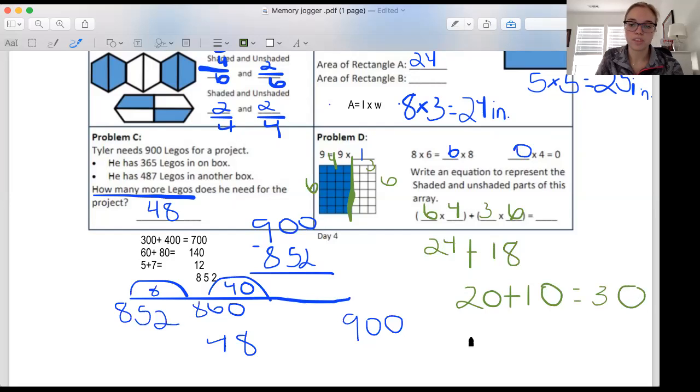And then 4 plus 8 equals 12. 2 plus 0 is 2. 3 plus 1 is 4. My answer is 42. All right, thanks.